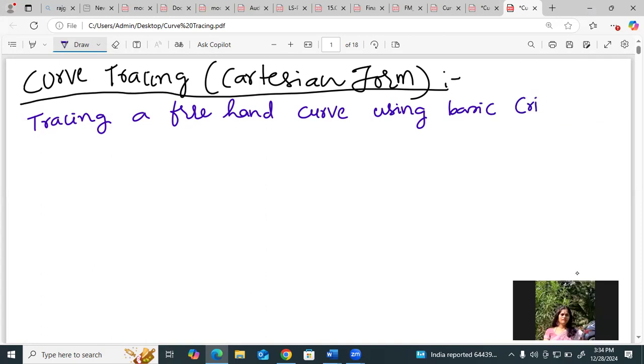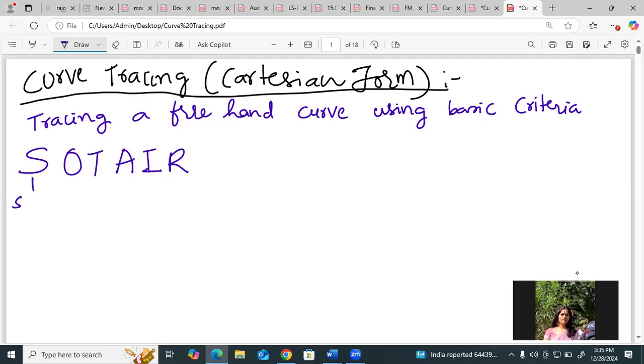Basically it will have three to four important points. Those are S, O, T, A, I, and R.